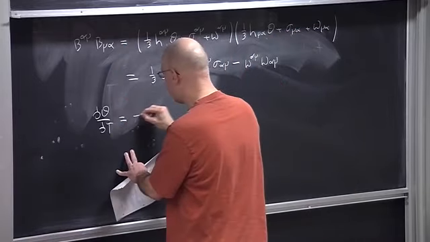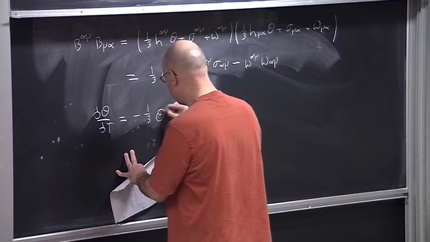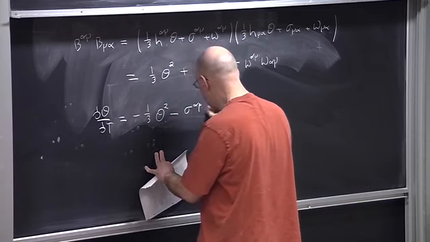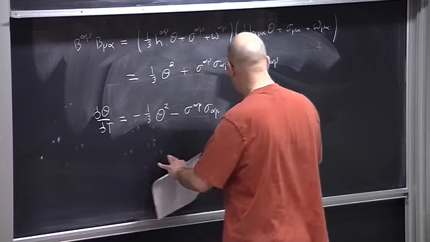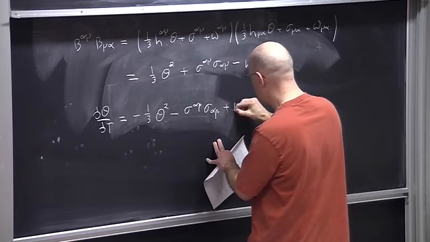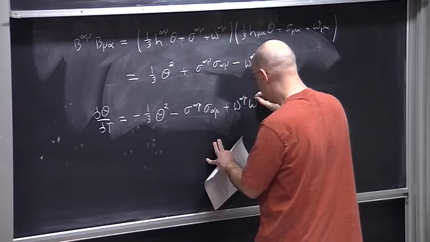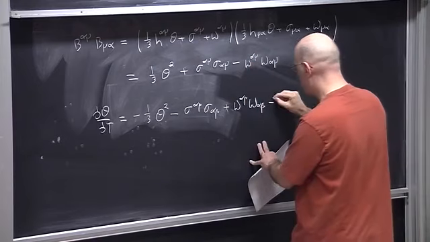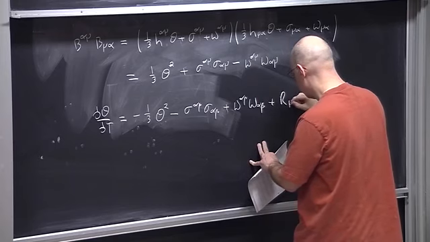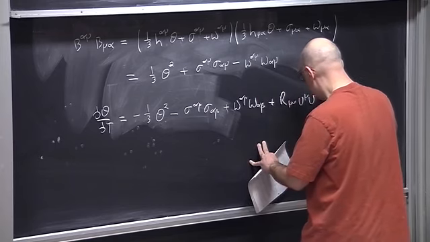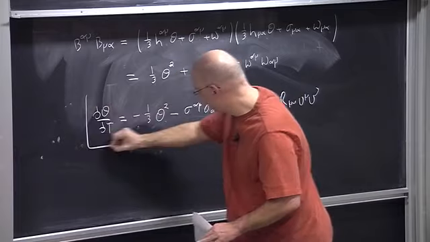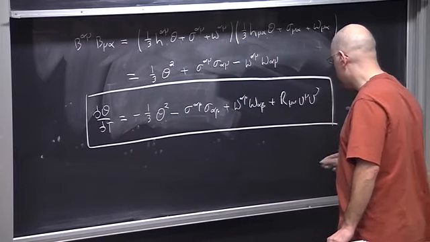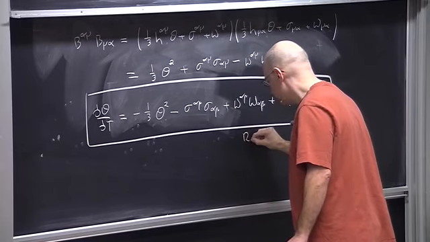So it's going to be minus 1/3 theta squared, minus the sigma squared, sorry, plus the omega squared, and then plus the Ricci term. And that's the equation known as Raychaudhuri's equation.